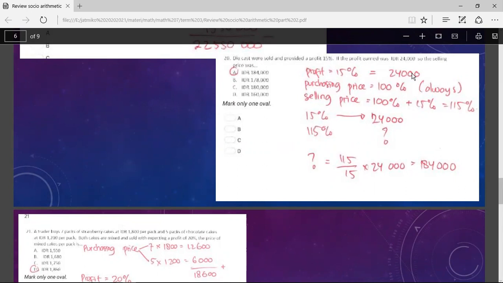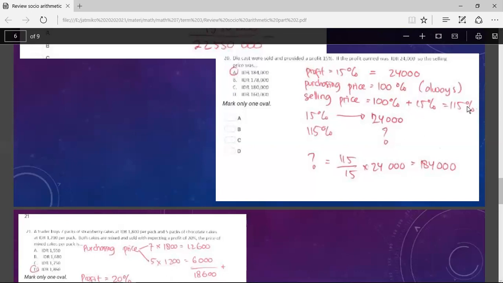Okay. The key is the purchasing price is always 100%. So if they're asking about the selling price, it means the purchasing price plus profit, right? So 100% plus 15% or 115%.